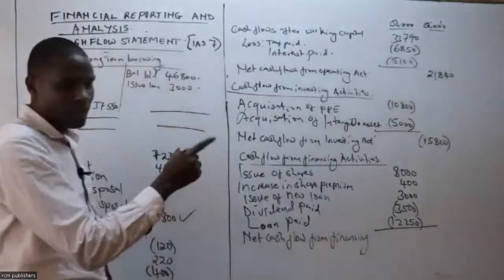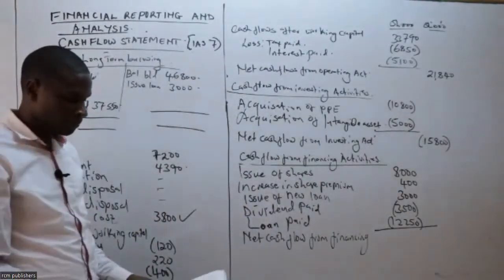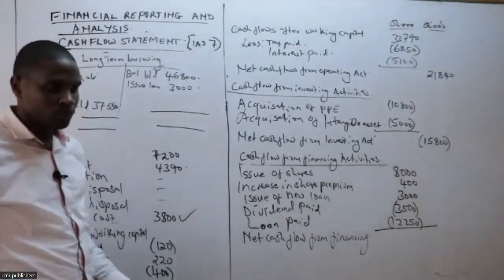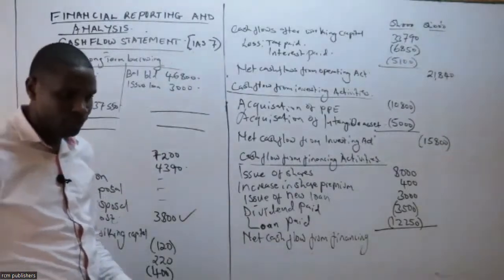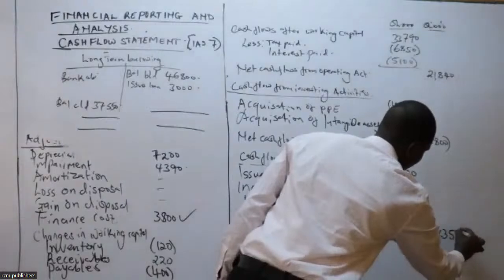Give me the figure at the end. So that we are able to get the 4,350. People are getting 4,350, which is a negative.